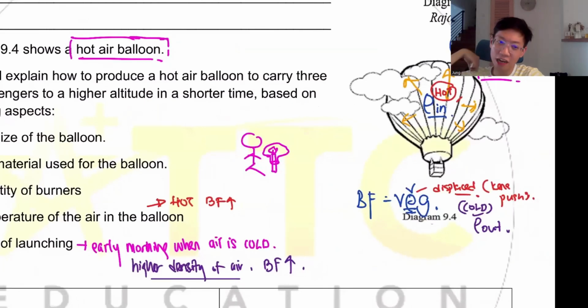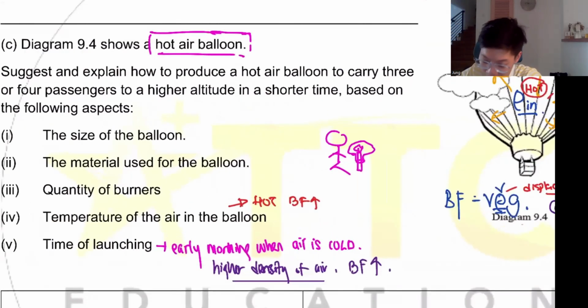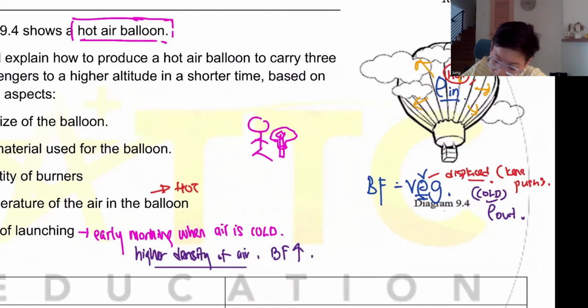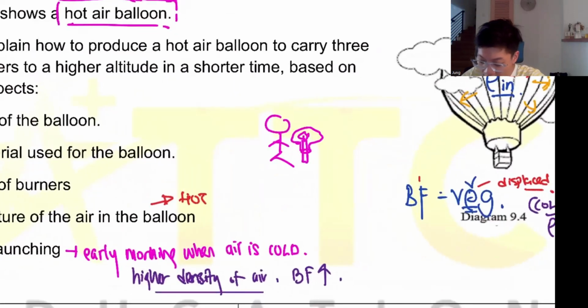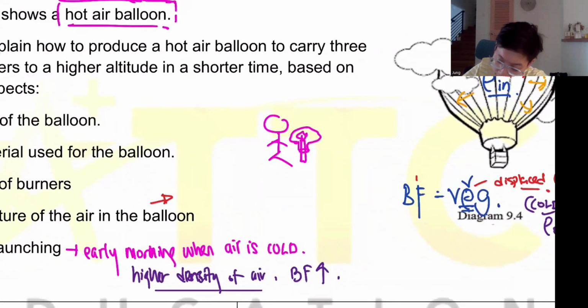Now there are two reasons. Number one, we want this hot so that the balloon will expand. When the balloon expands, it will push the outside air, so the outside air gets displaced, and you will have more buoyant force. In that sense, yes. But it's better to say that the answer is we want the temperature of air in the balloon to be higher.